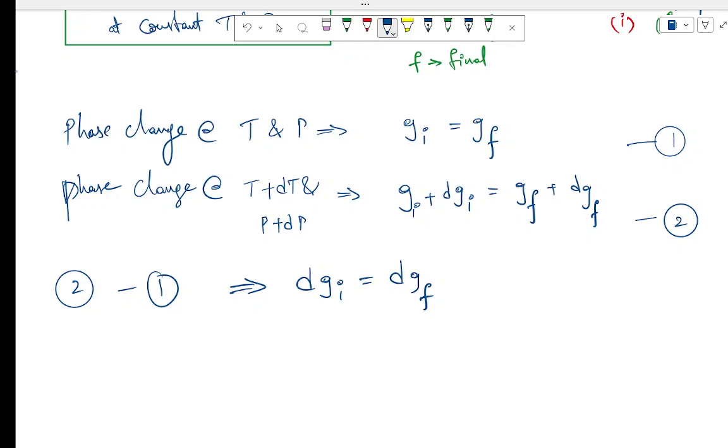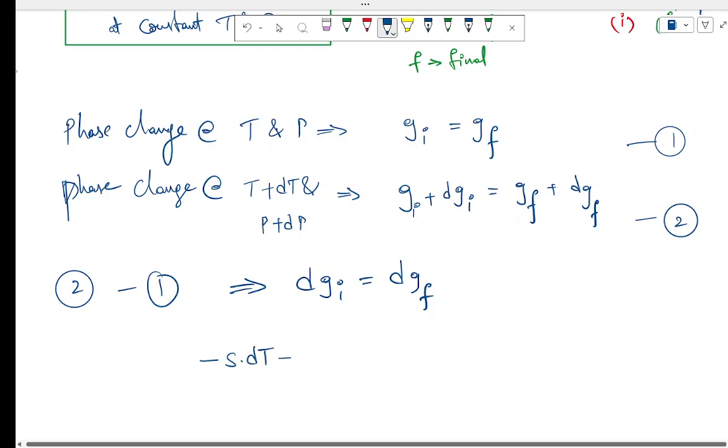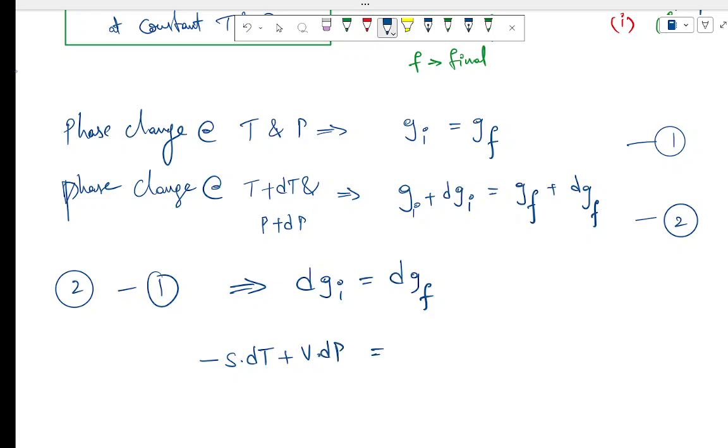So if I have this here, G and F, we have seen in the previous class that dG is nothing but minus s dT plus v dP. Okay, so the derivation and all we have seen it in the previous class. I'm not repeating it here.